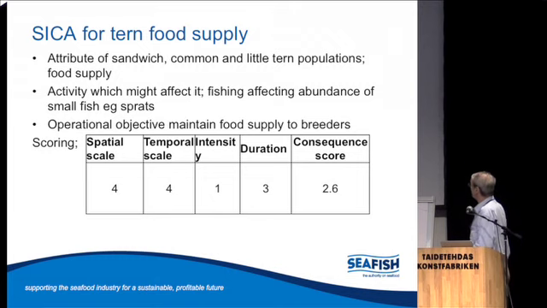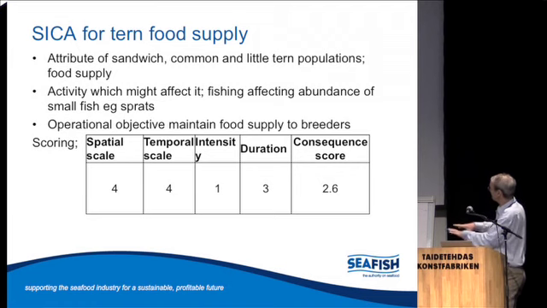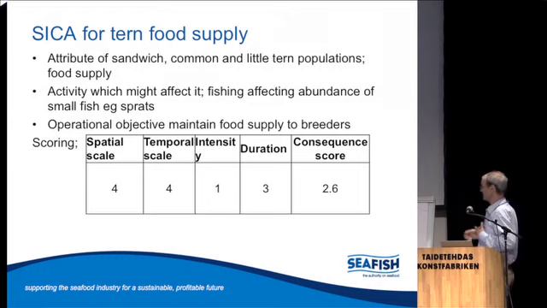So the fishing activity which might affect the abundance of the small fish, e.g. sprats, but also maybe other ones. The operational objective is to maintain food supply for breeders. The spatial score, because there's fishing going on more or less in that area or on that stock of sprats, gets a fairly high score. Temporal score: it's going on through the breeding season, so that coincides well.